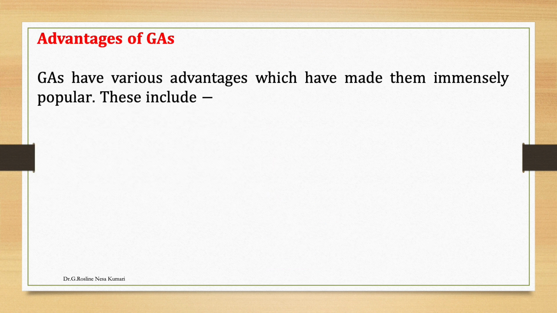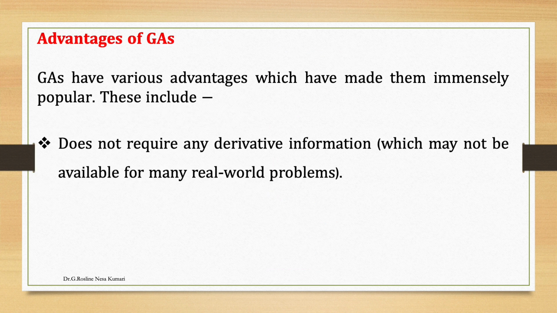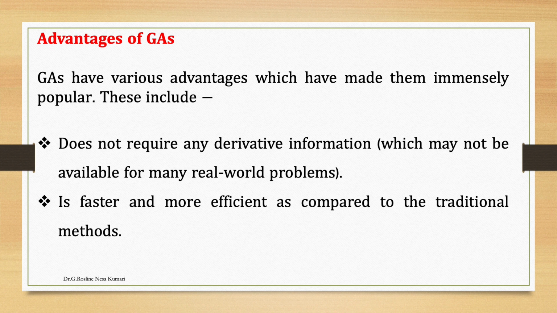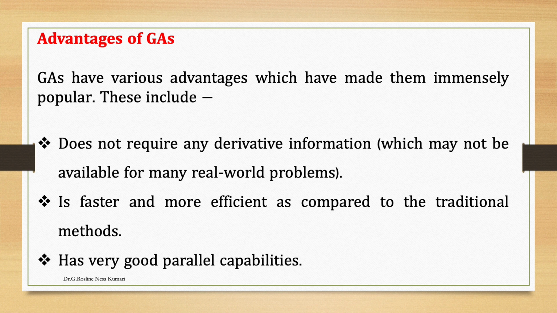Advantages of genetic algorithm. It does not require any derivative information, which may not be available for many real world problems. It's faster and more efficient as compared to the traditional methods.